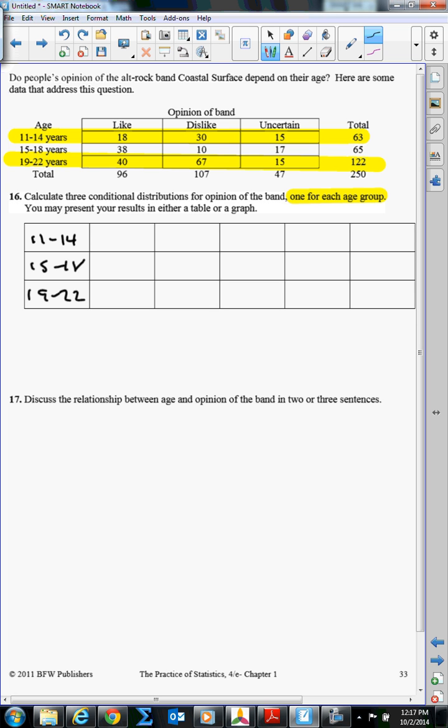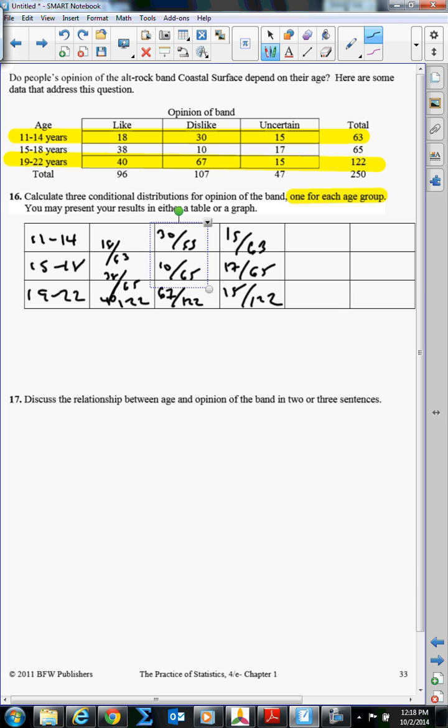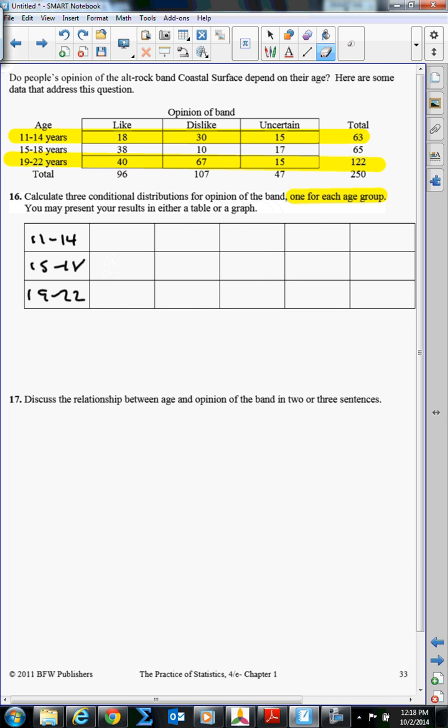And so I'm going to do 18 over 63, 38 over 65, and 40 over 122, 30 over 63, 10 over 65, and 67 over 122, 15 over 63, 17 over 65, and 15 over 122. So that's how I'm going to get the numbers that I'm about to write in. Alright, so you'll be better able to read this. I am going to type them in.